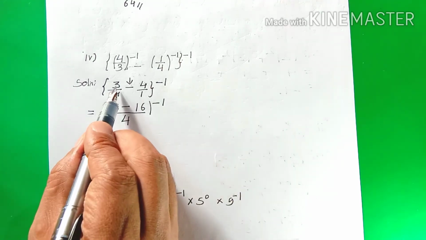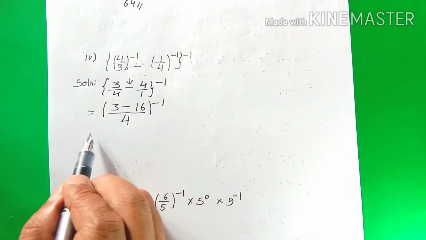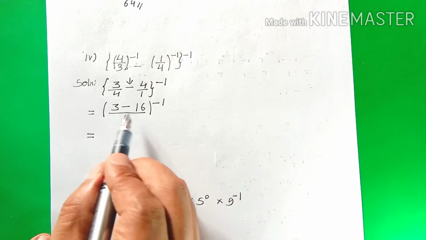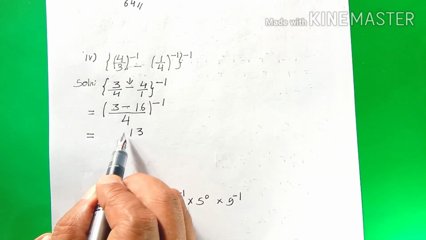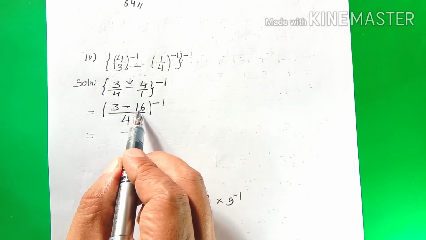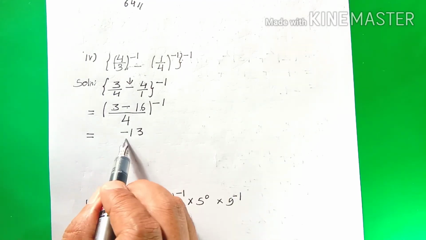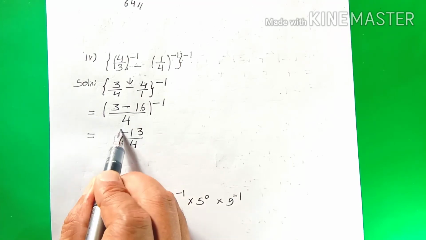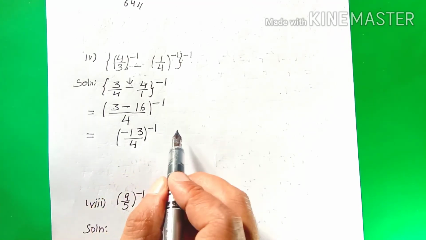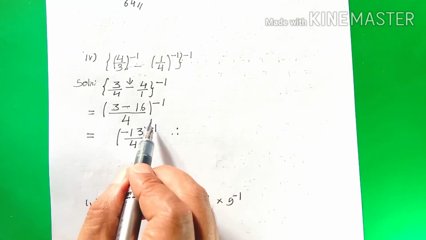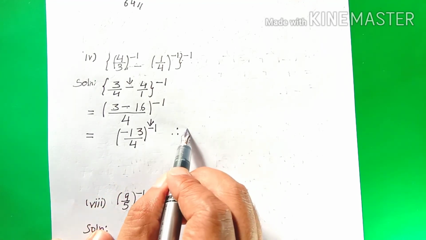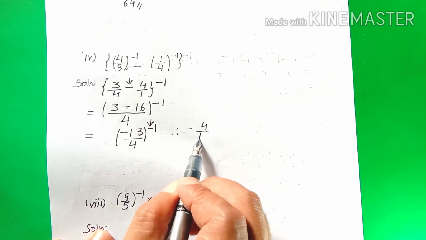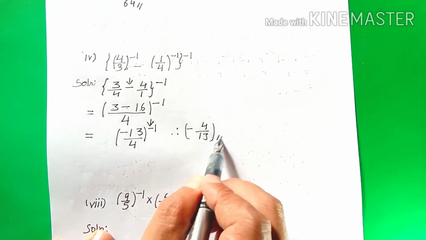Or in short, we are taking here a cross multiplication, which is also equal to 16 minus 3, which equals 13, but the sign will be negative because 16 is bigger. It has a minus sign. Again divided by, we have 4 to the power negative 1. Therefore, change negative exponent into positive. At that time, the base will take the reciprocal, negative 4 divided by 13, which is our solution.